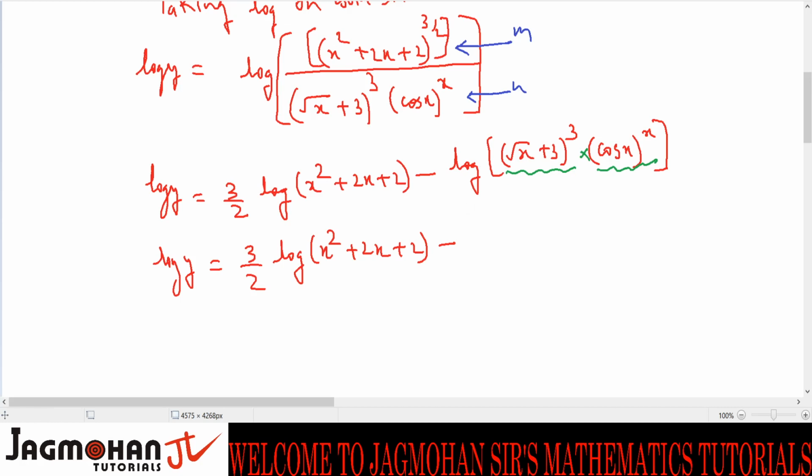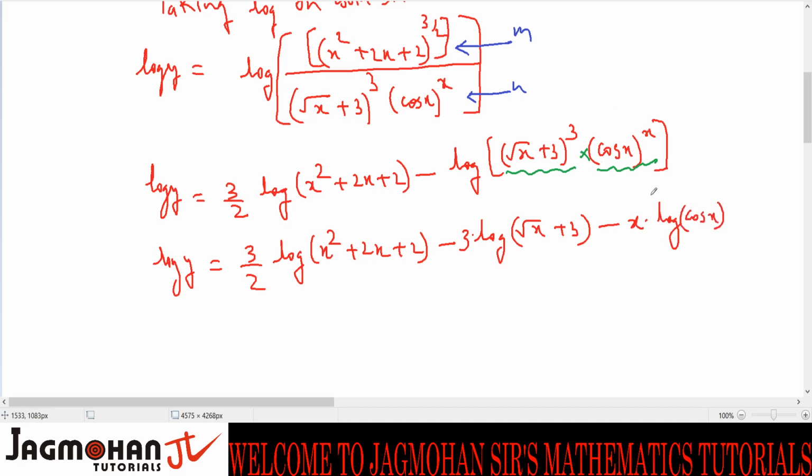When you apply that logarithmic rule, it will become log root x plus 3 whole cube, and this power will become the coefficient. Minus, why minus? Because outside it is minus. Actually it would have been positive, but because of this negative sign outside, you get minus. Minus log of cos x raised to x, which will become x into log cos x.